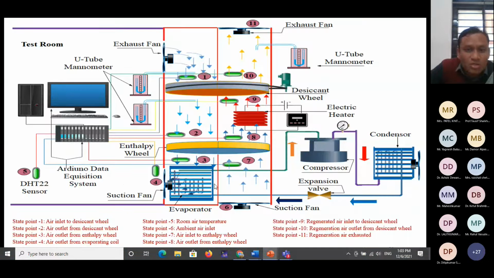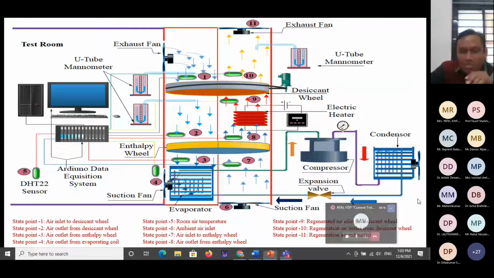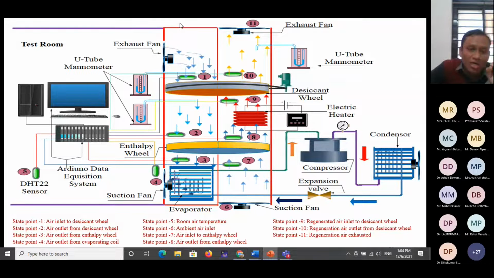Okay. So this cycle is just a recirculation cycle, because here we do not utilize the atmospheric air further. In the recirculation mode, we use the same air for dehumidification.